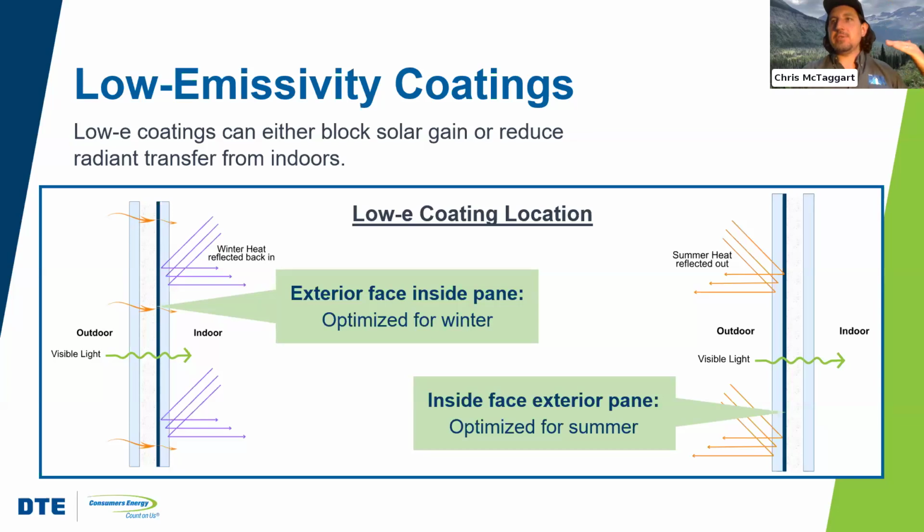So the solar gain is still hitting that window, but how much is allowed to pass into the home is retarded by these low E coatings. And then for the left side, if we apply that low E coating to the inside face of the inside pane, then basically our heat from inside of our home will not emit to outside through that low E coating. So again, the low E coatings affect not only SHGC, but also the U factor of the windows as well.